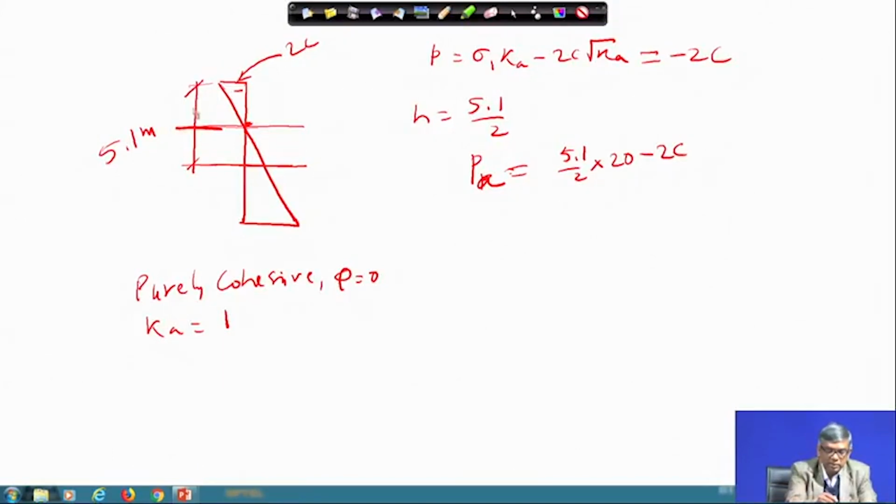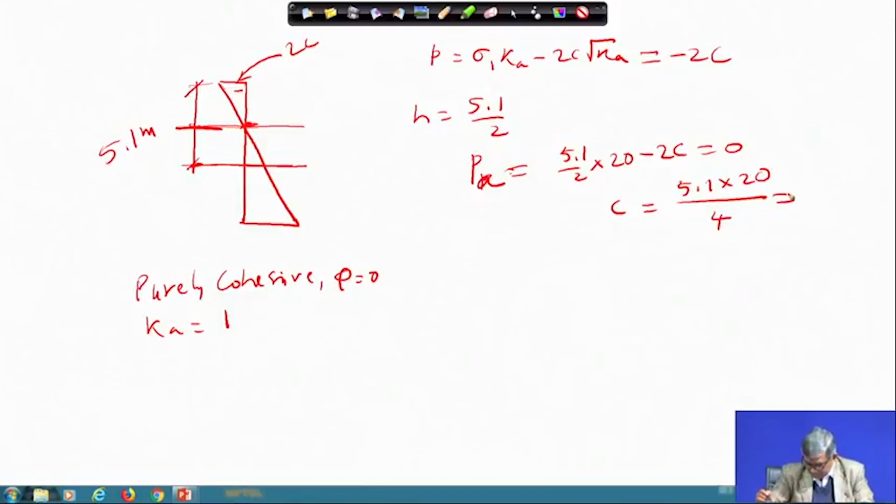We know that at this depth failure occurred, so in the middle of this the pressure is 0. So, this pressure must be equal to 0. If you set this equal to 0, then we get C equal to 5.1 into 20 divided by 2 into 4. This gives you a value equal to 25.5 kilonewton per meter square.